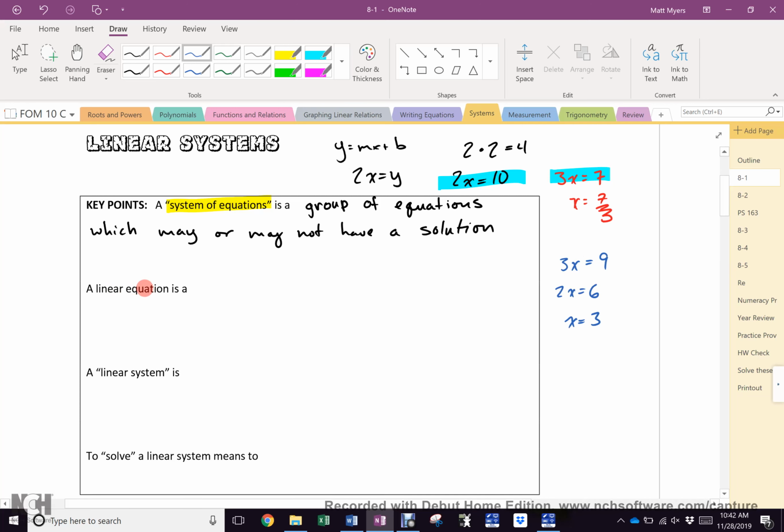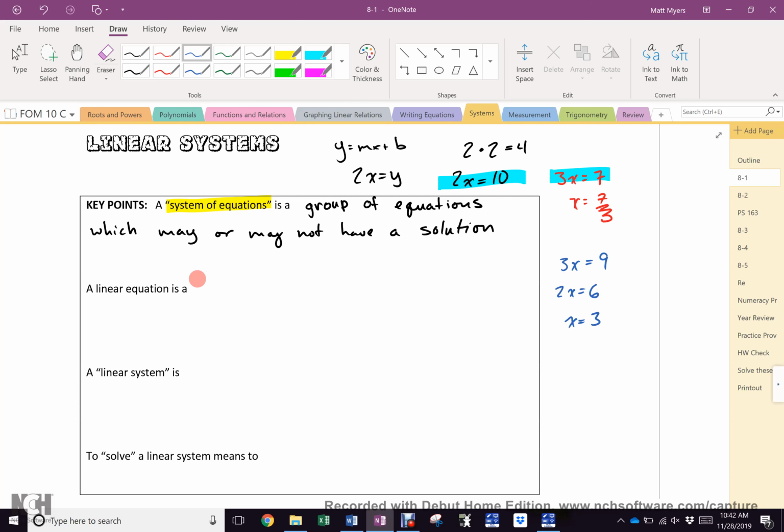So, what is a linear equation? How do I make a linear equation? Hint, we've just spent 3 units working on them. What is a linear equation? The last 3 units have been linear equations.